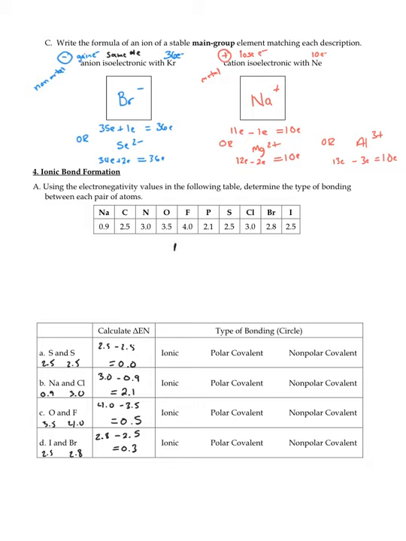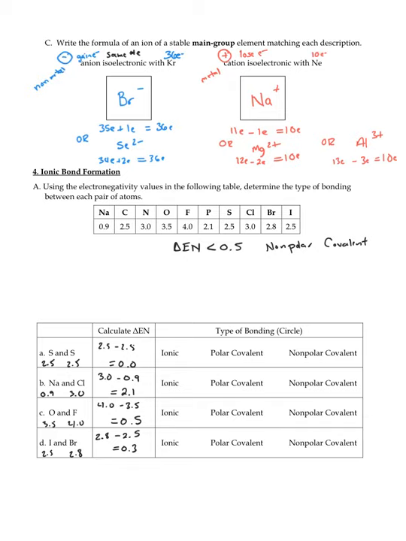And so if our difference in electronegativity is less than 0.5, we're going to call that non-polar covalent. And we'll learn more about non-polar covalent bonding when we get into talking about molecular compounds a little bit more. But the idea here is the two atoms are close enough in electronegativity that when they go to fight over those electrons, neither one's strong enough to really cause much of a difference.